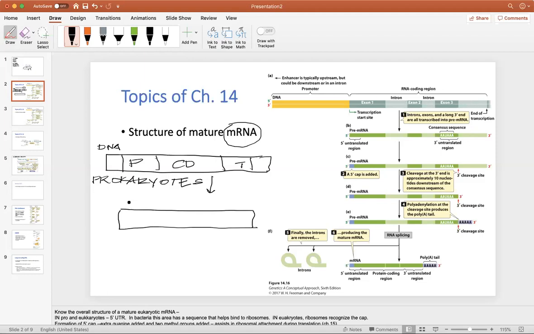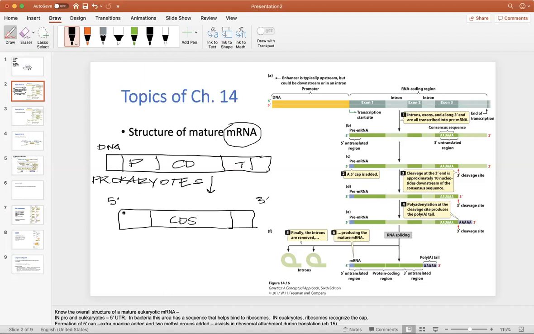But if we could zoom in and look at the resulting mRNA molecule after transcription, you're going to have a 5' end and a 3' end. And we're going to divide this into 3. We're going to have the coding sequence in the middle, which weirdly is often abbreviated CDS. That's always bothered me, because CDS doesn't directly correspond to coding sequence, but yep, there it is.